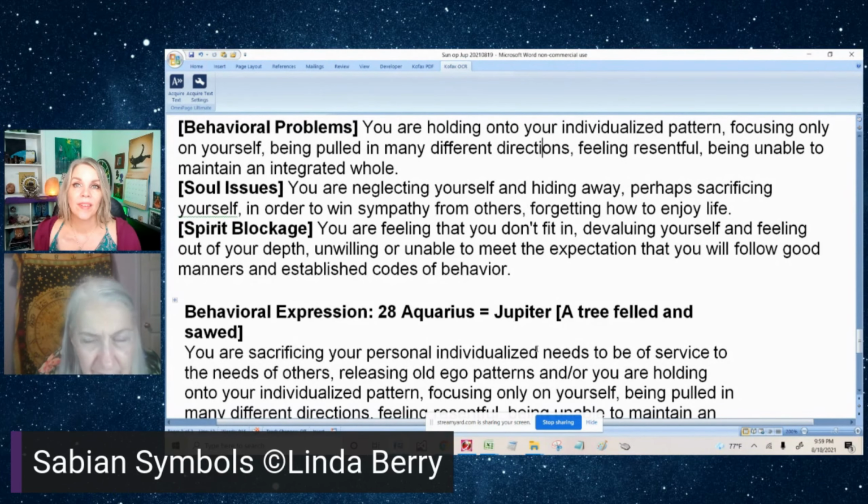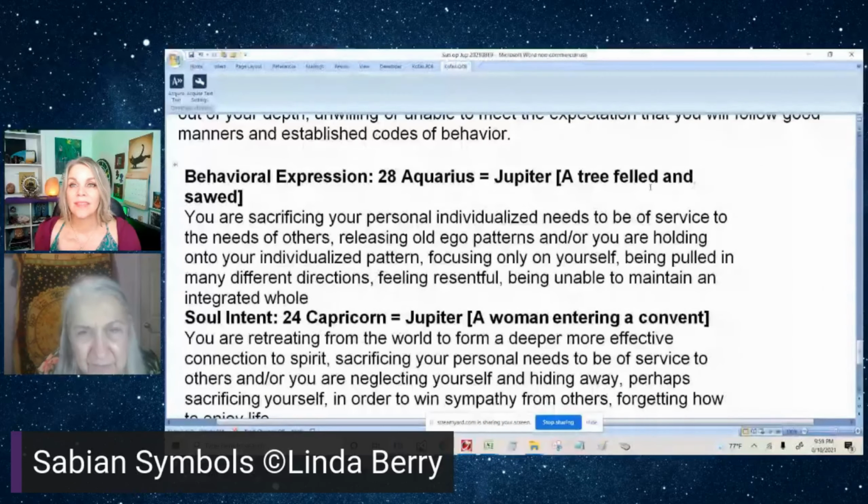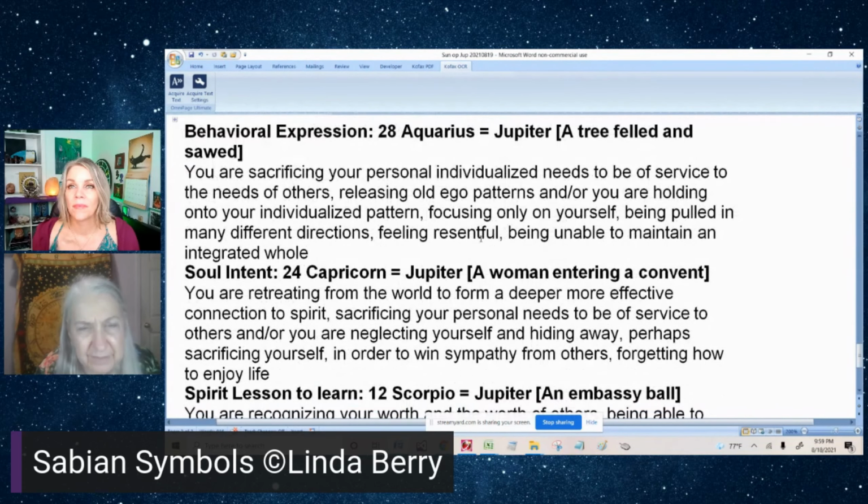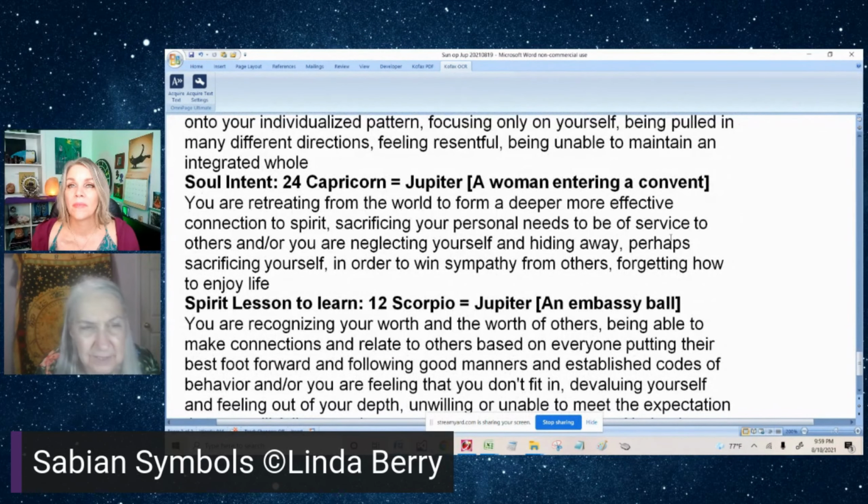Now, again, here are the basic patterns. Jupiter, the behavior expression of tree felled and sawed: sacrificing your personal individualized needs to be of service to others, like the tree is sacrificed. It's about releasing old ego patterns. The soul intent is a woman entering a convent.